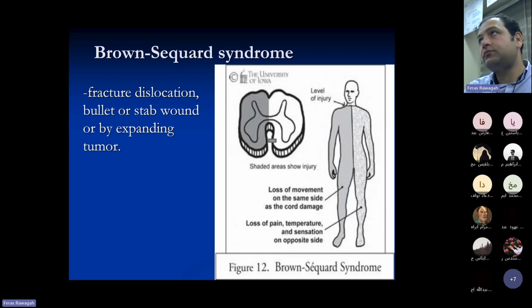So the patient in this type of injury will lose the motor ipsilaterally. He will lose the fine touch, the vibration, and the proprioception ipsilaterally, but will lose the pain and temperature sensation in the contralateral part of the body.